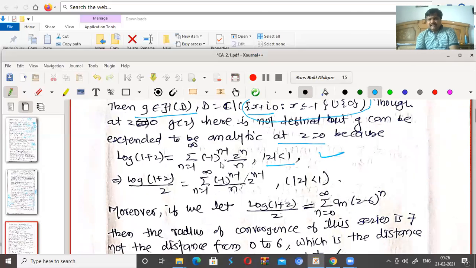Why can log of (1 plus z) be written in this way? For mod z less than 1, we know this.